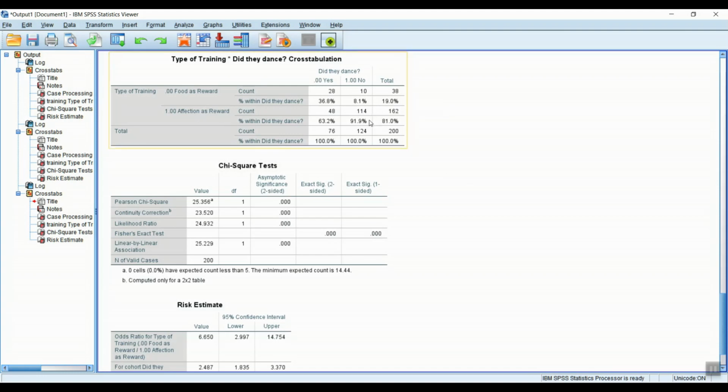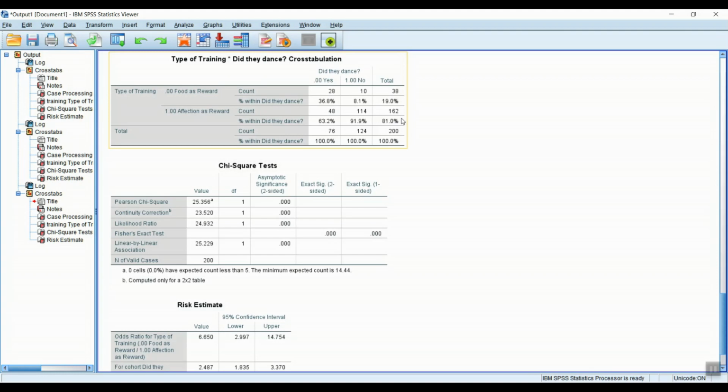And when we do that, we divide that by that, that by that, and then divide one by the other, we get 2.487. Alternatively, we could look at did they not dance, in which we look at 10 divided by 38 divided by 114 divided by 162. Take the ratio of that, and we get 0.374.